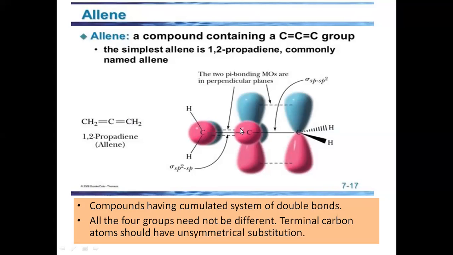So the molecule will not be superimposable on its mirror image, and therefore that molecule possesses molecular chirality, and hence it shows optical isomerism, and the isomers should be resolvable.